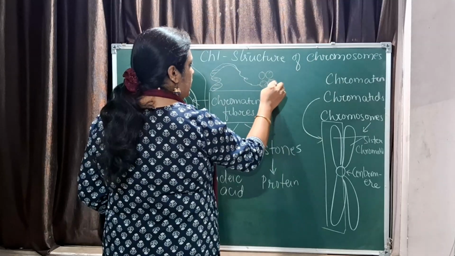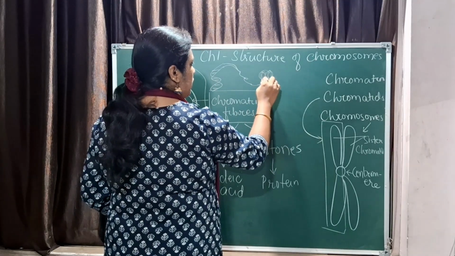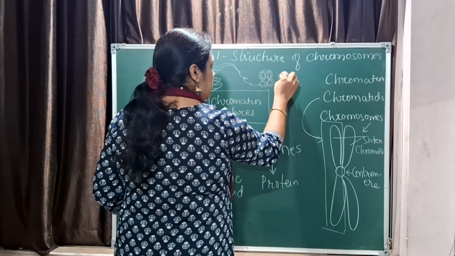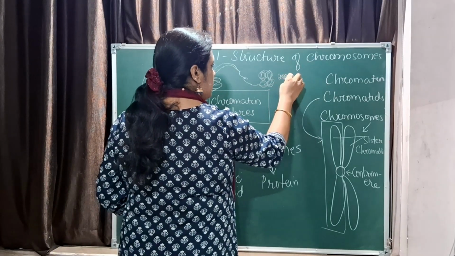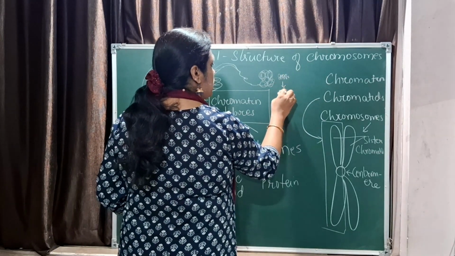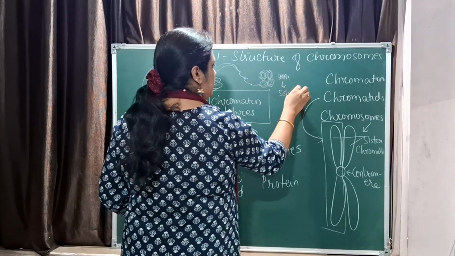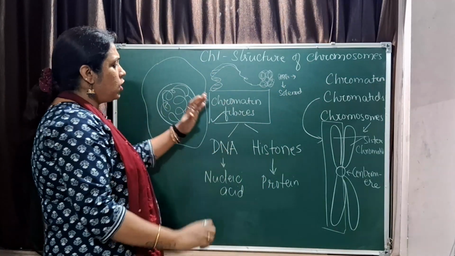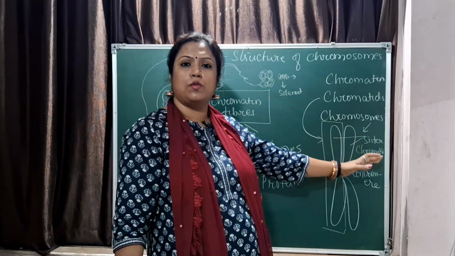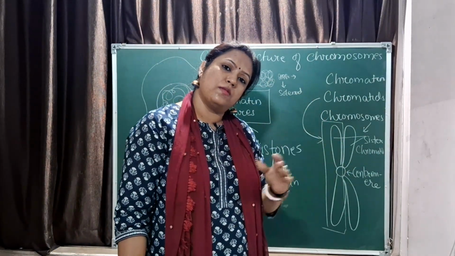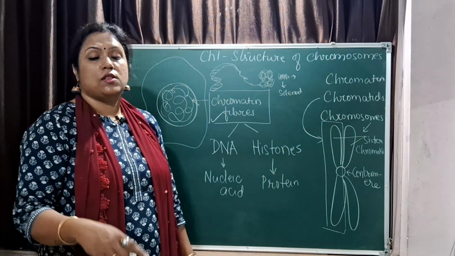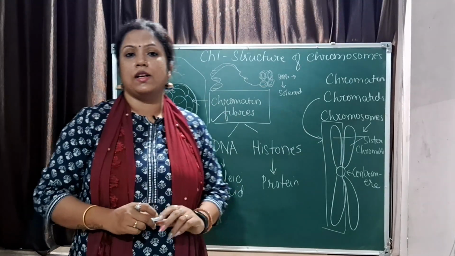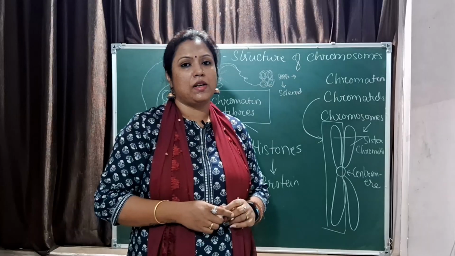It goes and winds around the histone proteins, and this structure forms a rod-like structure which is nothing but solenoid, and the solenoid then forms the chromatin fibers. Chromatin fibers condense into the chromosomes, and chromosomes are visible only under the process of cell division. Is this clear? So let us go in detail of the DNA structure. Before that, let me rub the board.